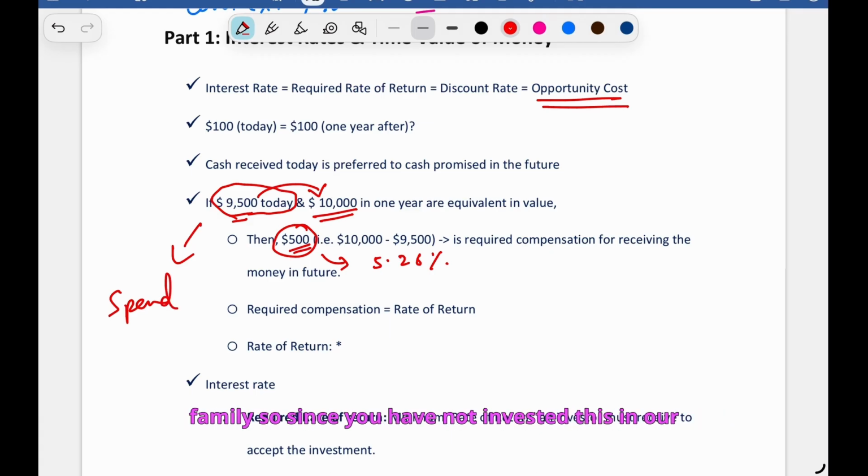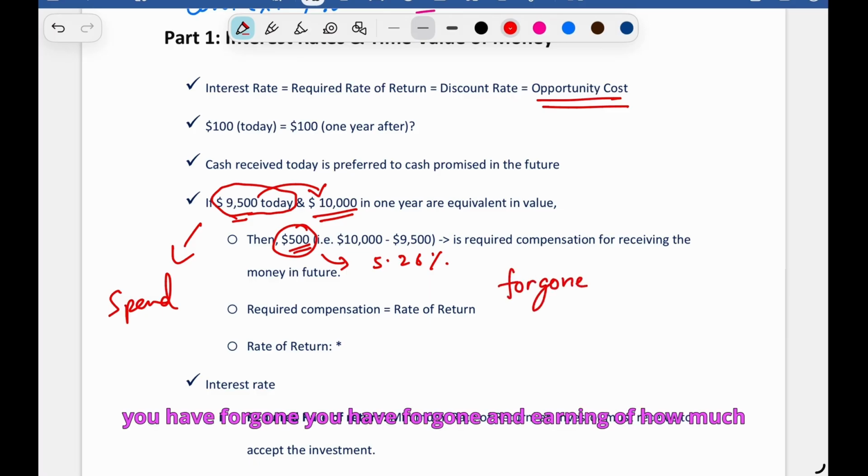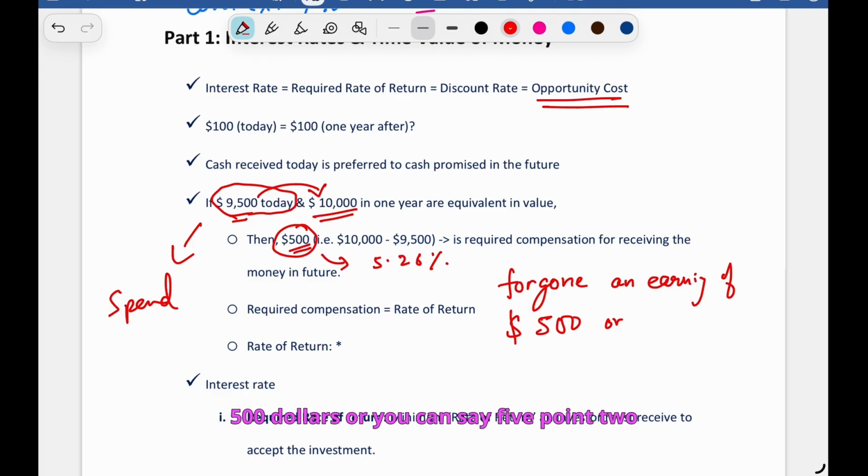So since you have not invested this in our investment A, you decided to spend it, you have foregone an earning of how much? $500, or you can say 5.26% interest rate.